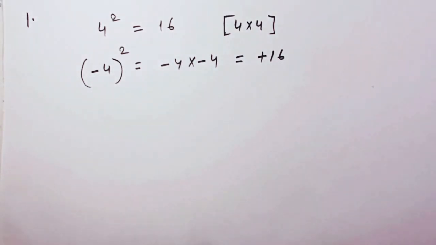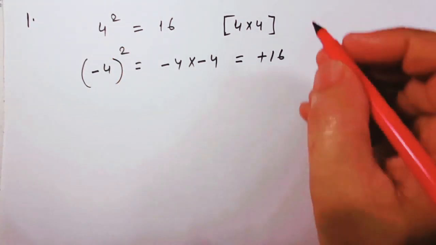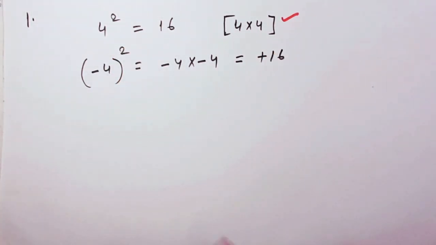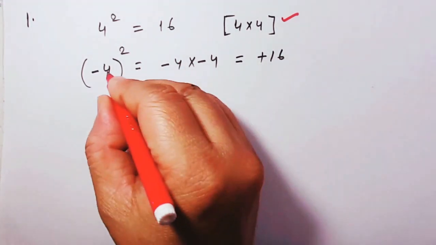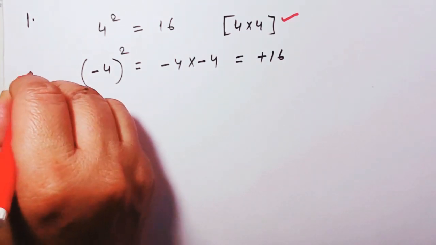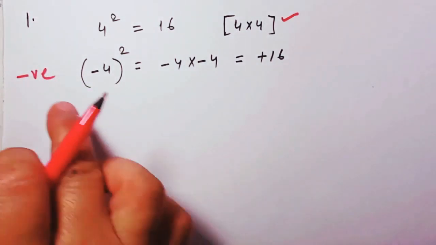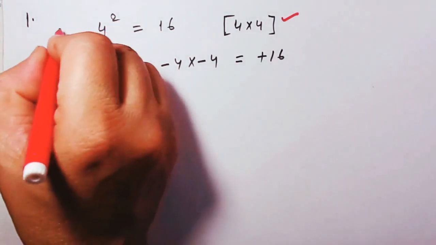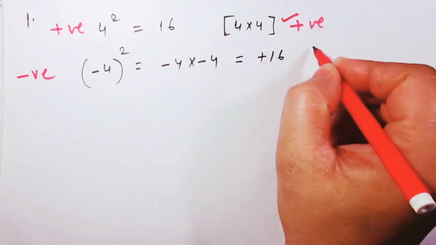This means the square of a positive number is positive. This I can understand. But the square of a negative number is also positive.